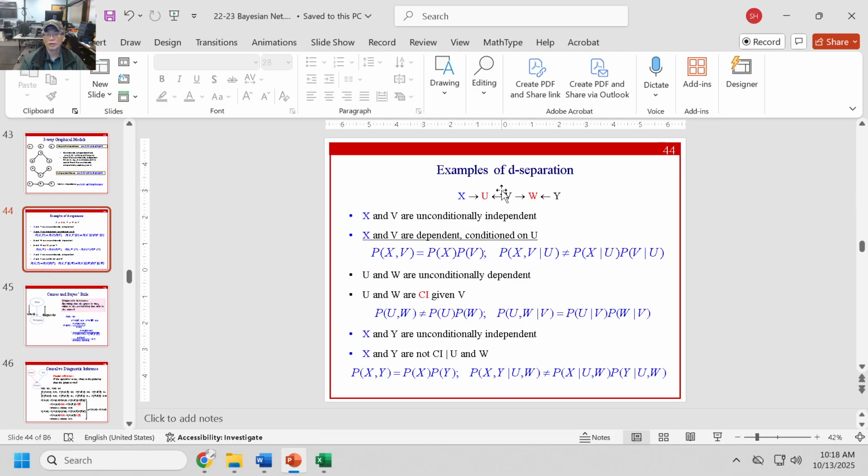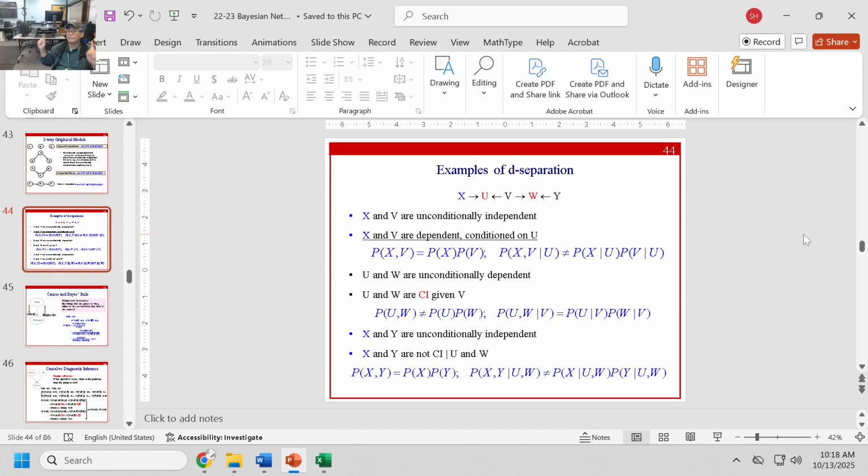However, the minute I say X and V have a common kid called U, and U's behavior depends on X and V, and now if I'm watching you, conditional on, oh, you've done this, then X must be in some state and V must be in some state.